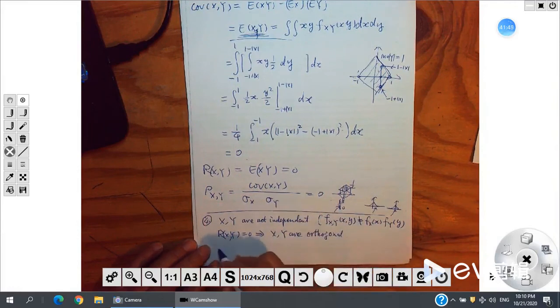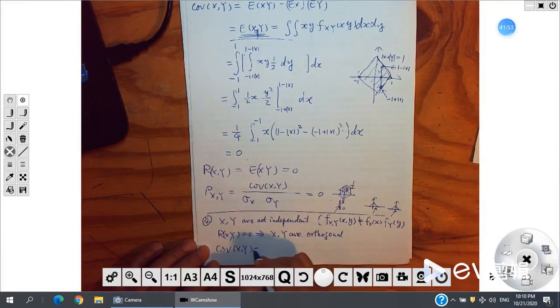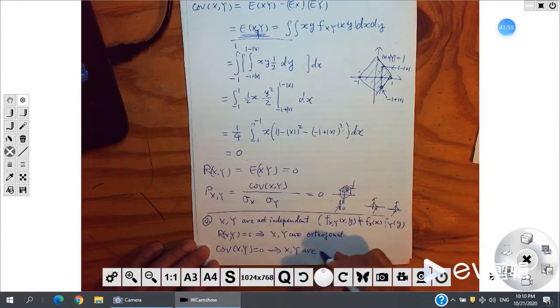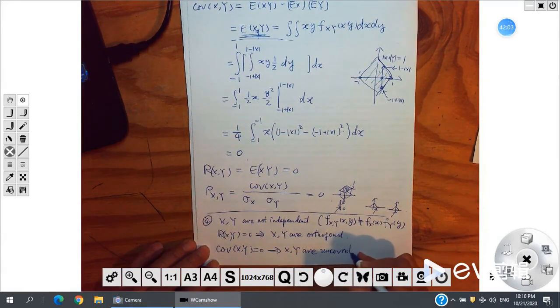And also the covariance of x and y equals 0, so we say x and y are uncorrelated.